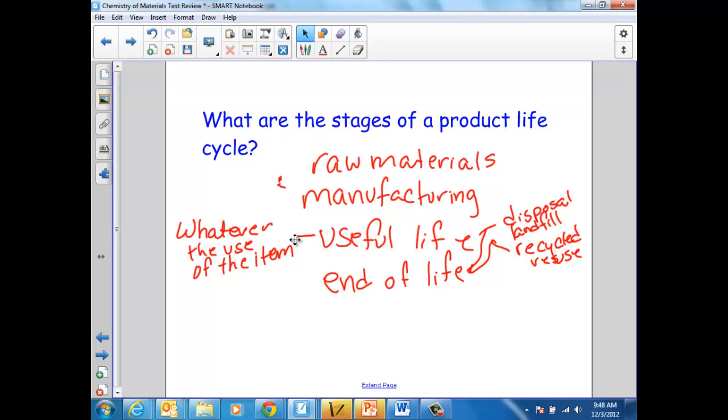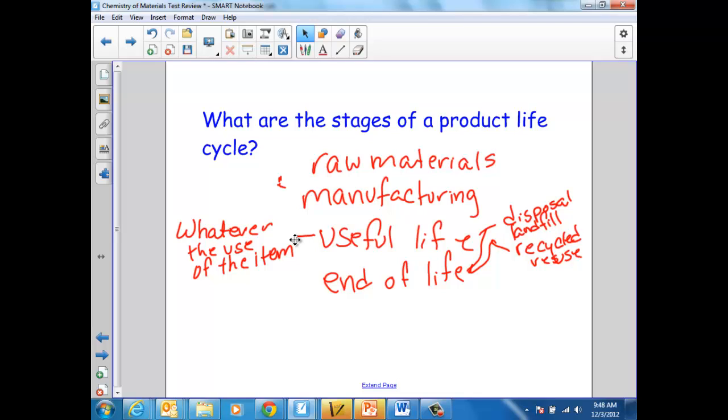Useful life, how about useful life? Does it have an impact on the environment? Isn't it like an electronic, wouldn't it use electricity? Okay, if it's an electronic, it'll use electricity. If it's a glass bottle or an aluminum can or a plastic bottle, it takes a truck to deliver it.